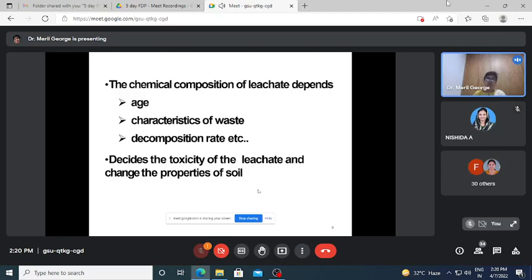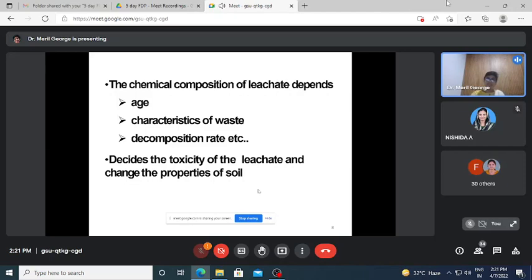And when we consider the toxicity of leachate, these factors will have a great role on the toxicity of the leachate from this particular site.